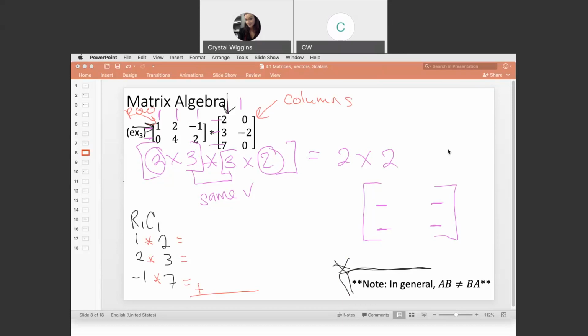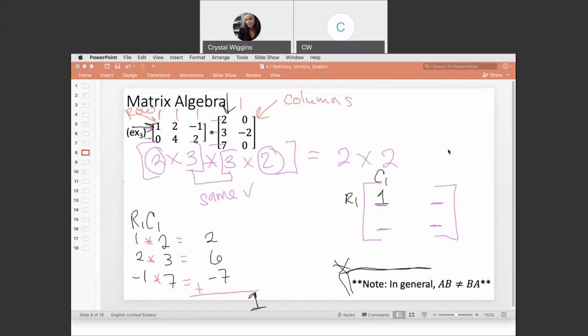They each have 3 elements. So I get 1 times 2 is 2, 2 times 3 is 6, and -1 times 7 is -7. Add these together, and we get positive 1 as our entry. So row 1, column 1 is going to be a 1.